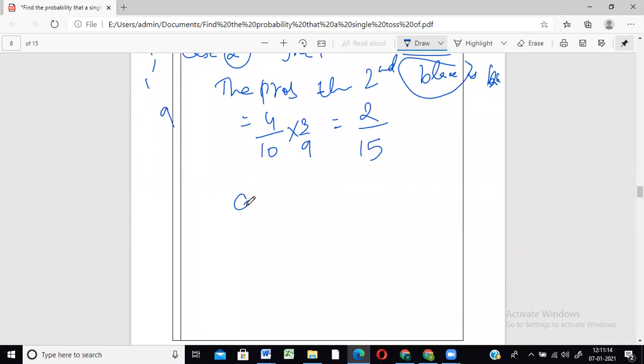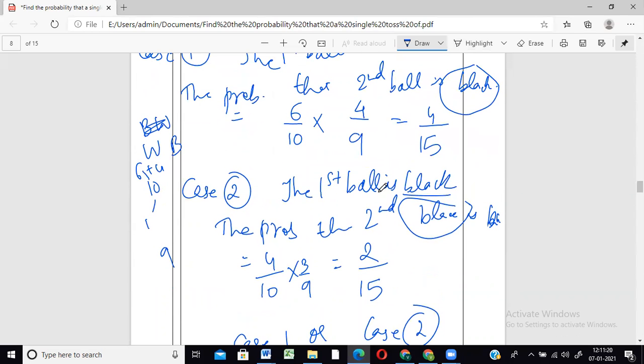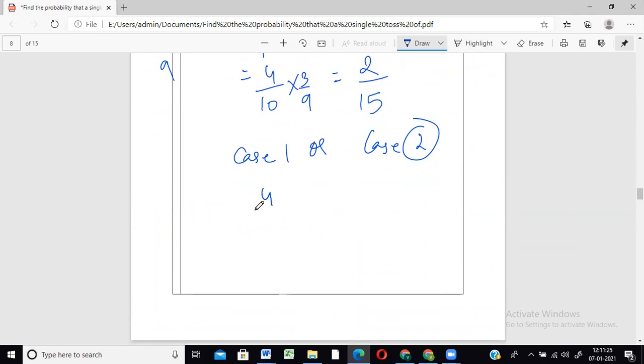Anything among the first case or the second case is possible. So it's either this one or this one. When it is or, it's always addition, as I've told you. So probability of the first one being white and second one being black, or else probability of first also black and second also black. When you get the answer, you add up and get the answer: 3 2s are 6, 3 5s are 15. So this is the final answer of the second sub question.